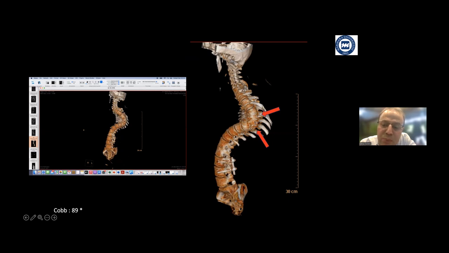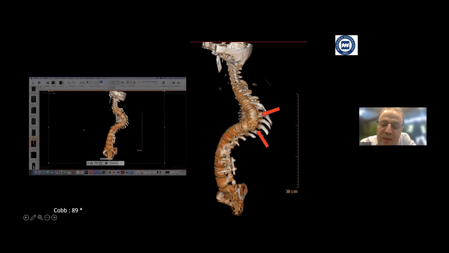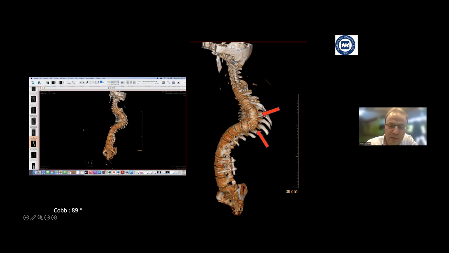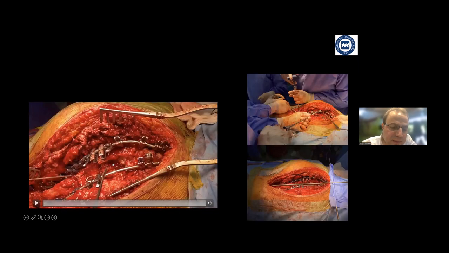This is thoracic block vertebra, and this is hemivertebra. Partially segmented hemivertebra. This is our focus area, and this area is hemivertebra. This is fusion vertebra, and this is the kyphosis.